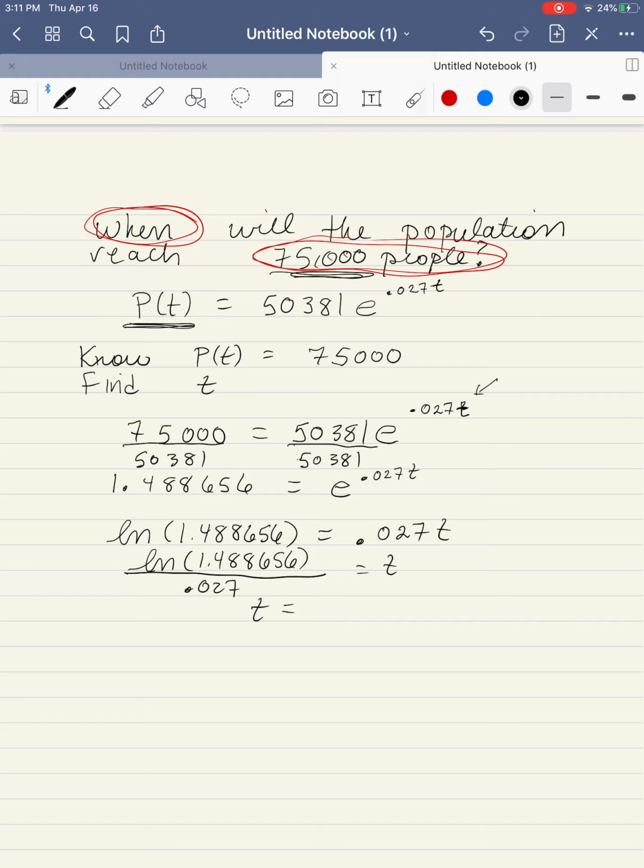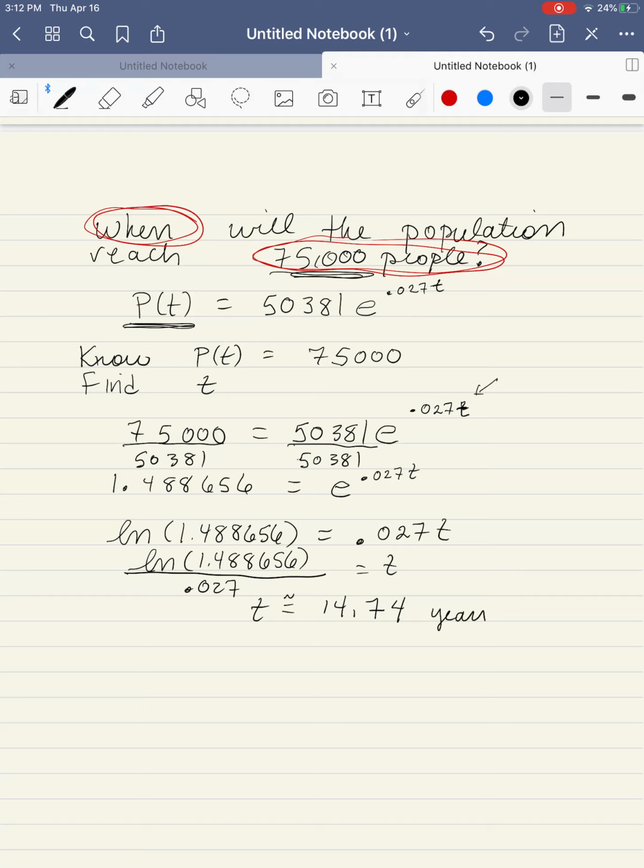By 0.027. And I get t equals natural logarithm of 1.488656, close parenthesis, close parenthesis, divided by 0.027, enter, and that's approximately equal to 14.736.